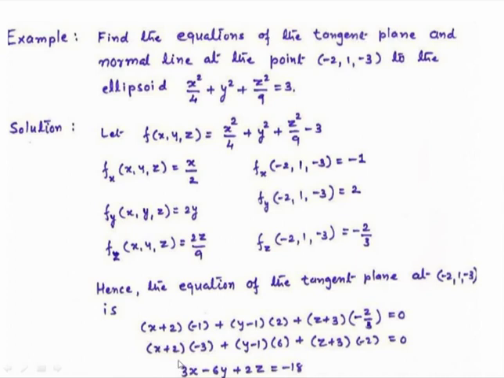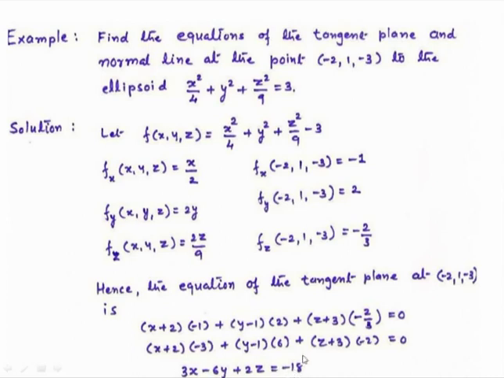After simplification, minus 6, minus 6, minus 6 becomes minus 18, and it is taken on the right hand side. On this side it is minus 3x, so changing the sign on both sides, minus 3x becomes plus 3x, 6y becomes minus 6y, and minus 2z becomes plus 2z, and this is plus 18 becomes minus 18.